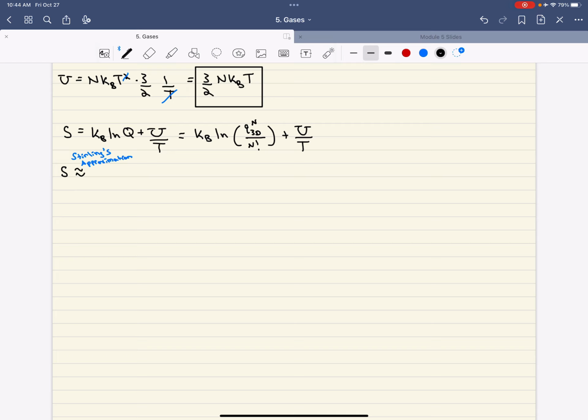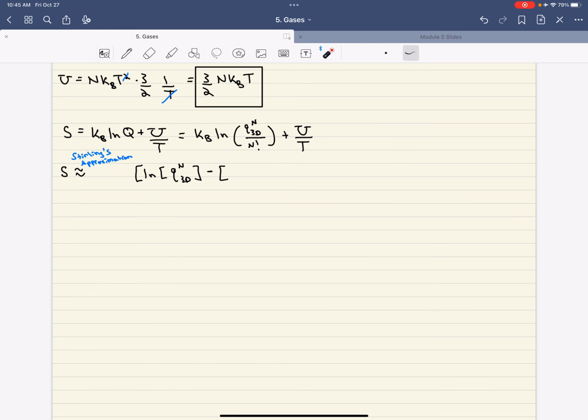Within our natural log, I'll write the natural log of our Q partition function. By employing Stirling's approximation, since this is on the bottom, it will have a negative sign here.